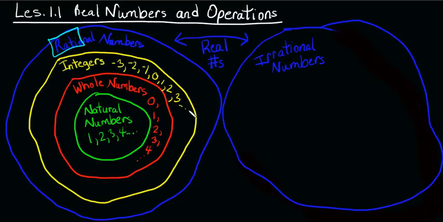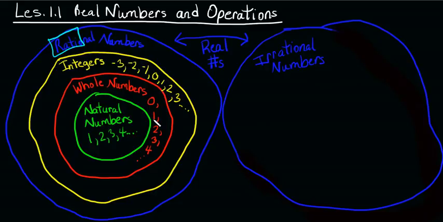Now, if I move on up to rational numbers, which all of these are, by the way, if they're not a natural number, not a whole number, and not an integer, they're simply just a rational number. That means they're going to look more like a decimal or a fraction that can't be reduced any further, or a decimal if it repeats, because repeated decimals can be turned into fractions.